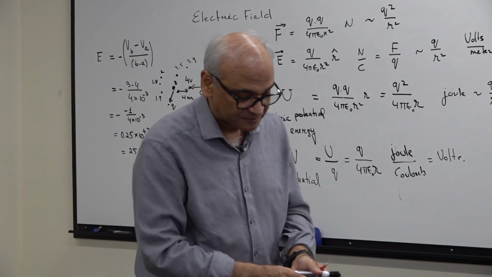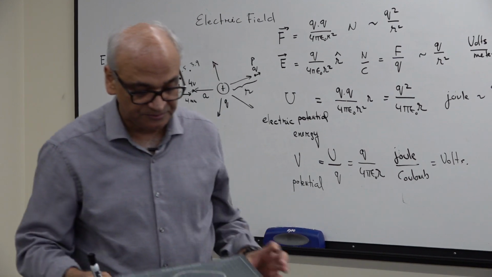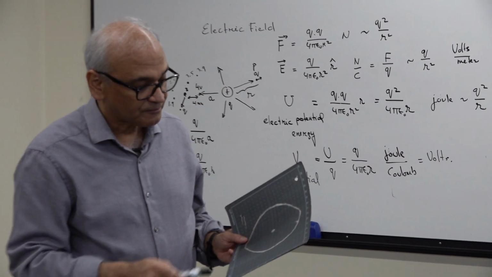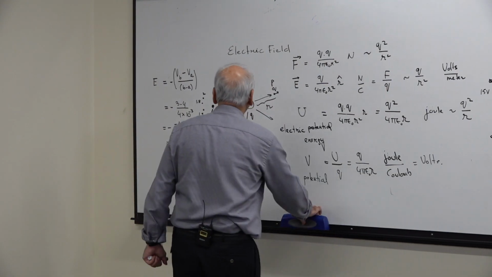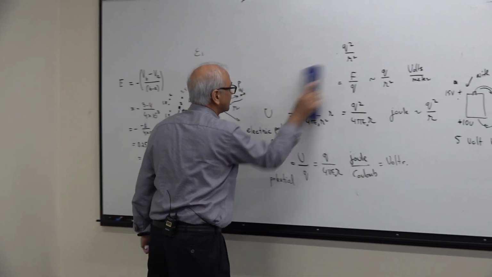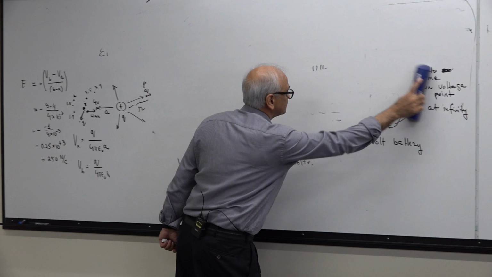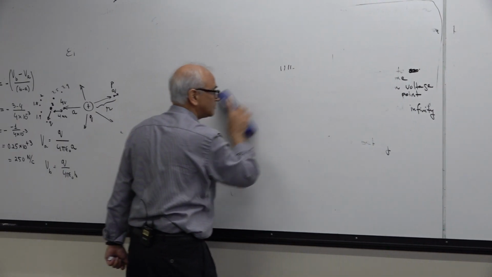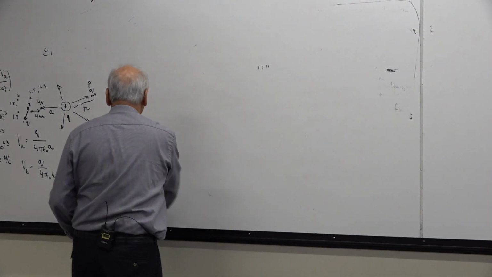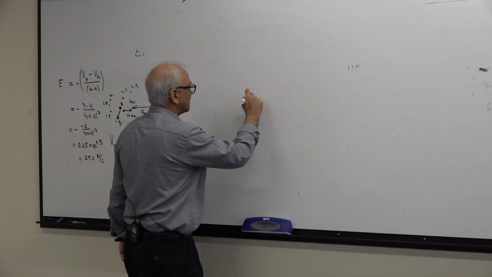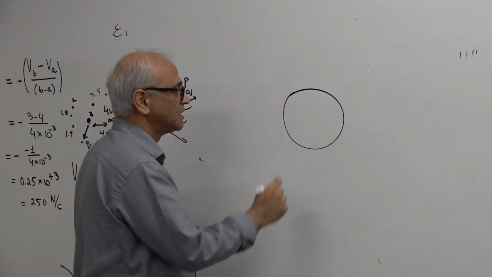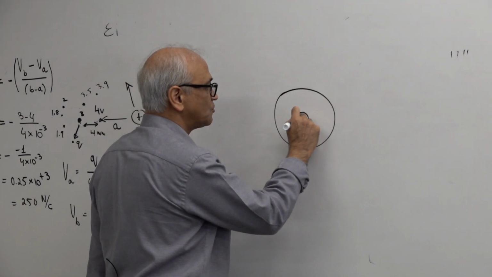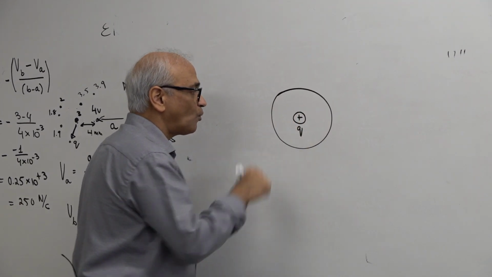Couple of things is that if you are, let me just do this separately. I'm going to erase this. And so let's say you have a sphere like this, right? And you have a charge over here, which is Q. What does that mean?